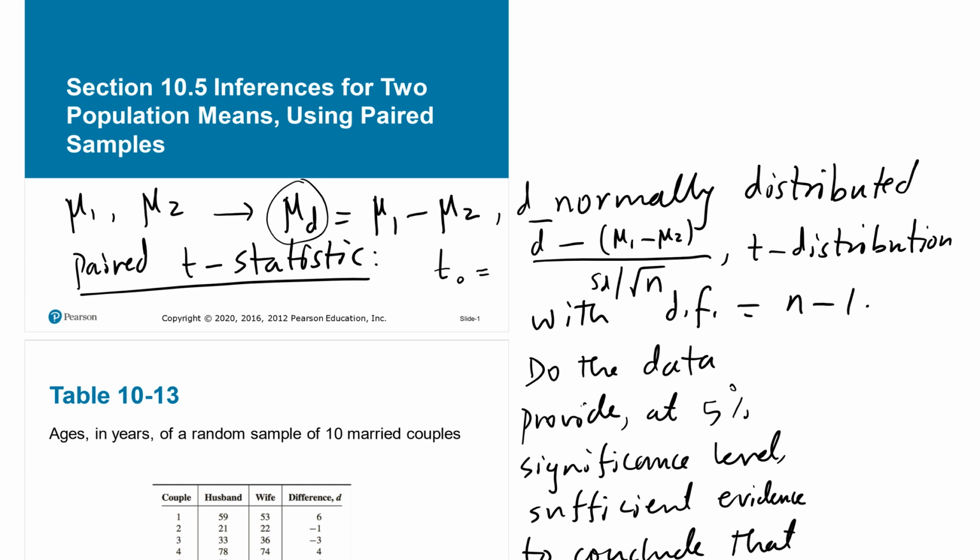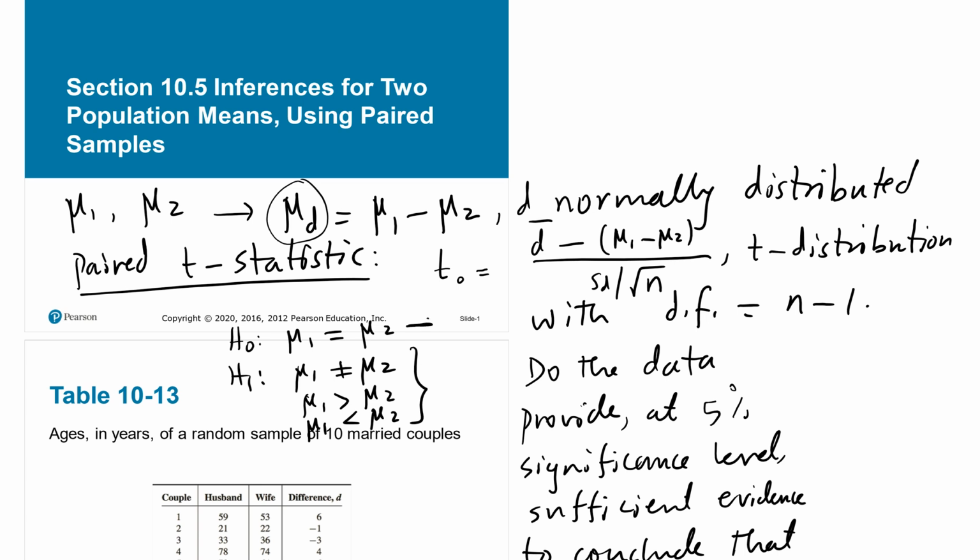Now for setting hypotheses, the null hypothesis is always assuming mu1 equals mu2. And for the alternative hypothesis, there are three cases. Either mu1 does not equal mu2, that's the two-tailed test, or mu1 is bigger than mu2, that's the right-tailed one, or mu1 less than mu2, that's the left-tailed one. There are three cases, but always mu1 equals mu2.